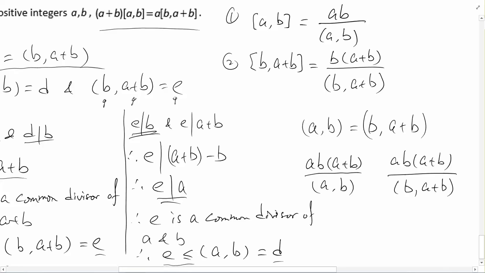Okay, now these two numbers should be the same because the two denominators are the same, right? And therefore, you can see what is on the left hand side.